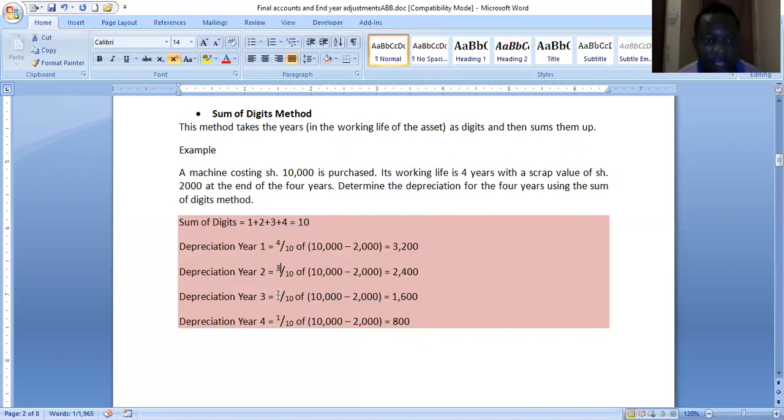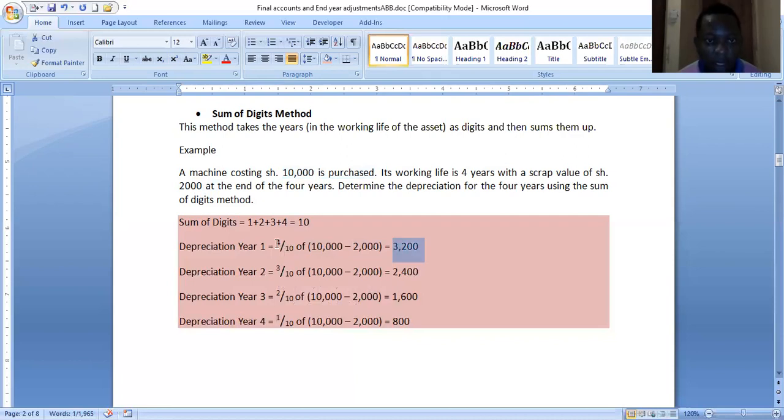For year 3 we take the 2nd digit, and for year 4 you take the 1st digit, and then we multiply by the cost price of the asset minus the scrap value in brackets. So the cost price in our case is 10,000 shillings and the scrap is 2,000 shillings. So we multiply that, we get the depreciation for the year. I hope you get that.